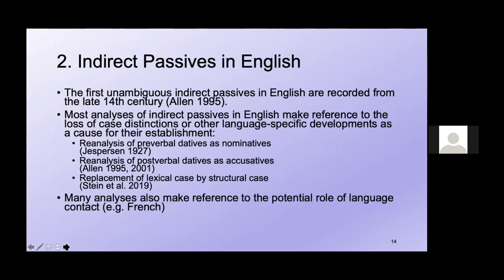For example, Jespersen suggested that pre-verbal datives were analyzed as nominatives, and post-verbal datives were analyzed as accusatives. It was suggested by Allen that post-verbal datives were reanalyzed as accusatives, and Stein et al. have suggested that this was part of a broader change involving the replacement of lexical case by structural case. And many analyses, of course, make reference to the potential role of language contact, for example, with French.